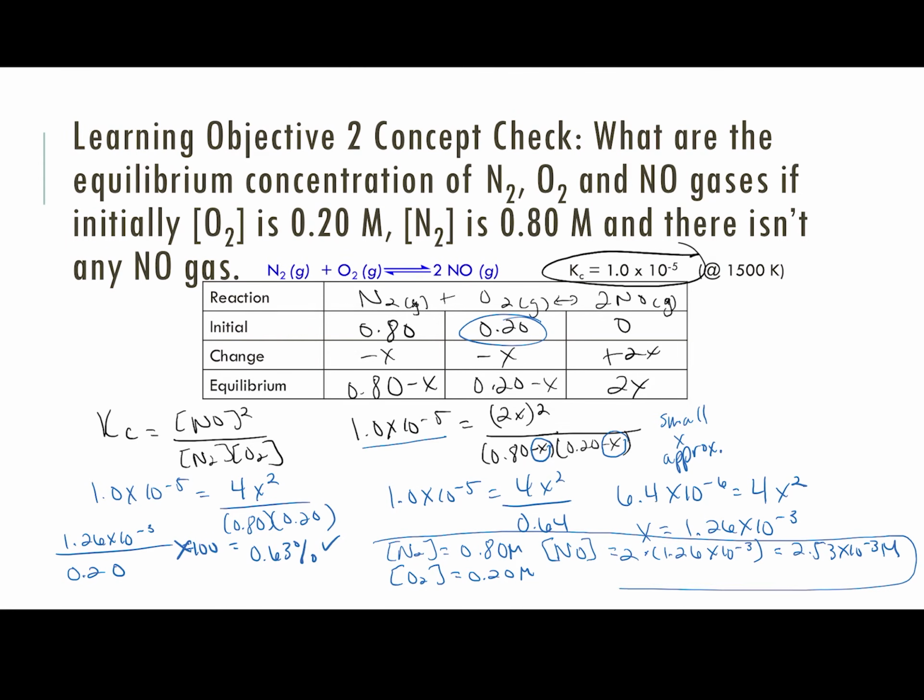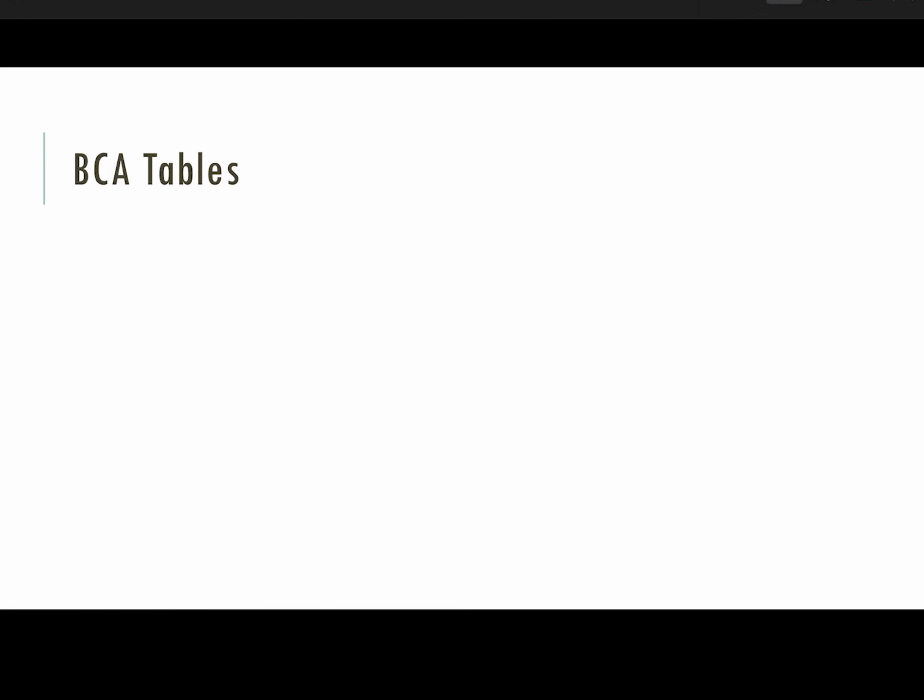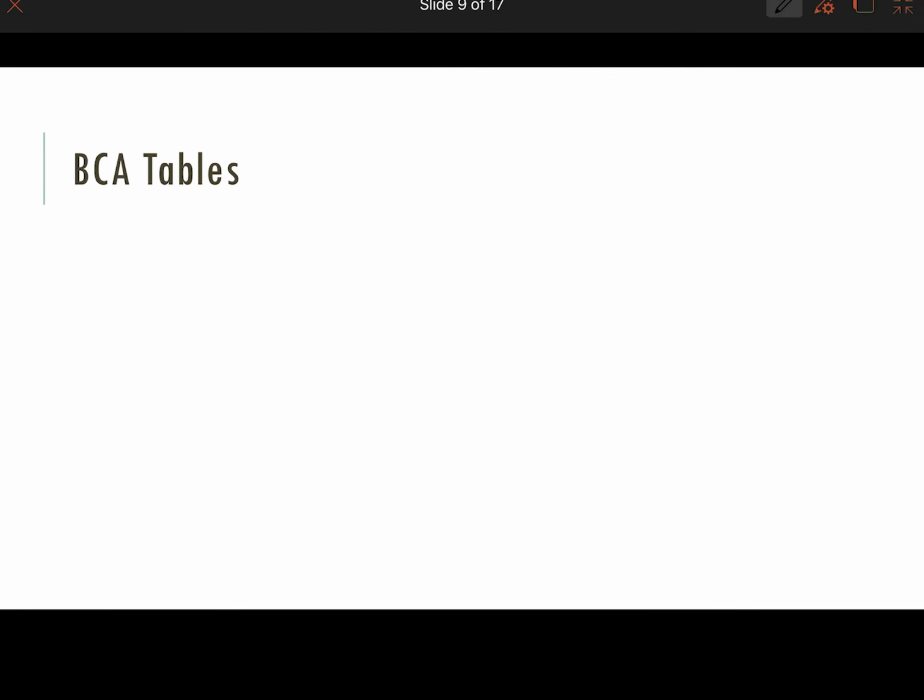Okay. Let's just real quick go over BCA tables. So our BCA tables are going to be tables that are used like a rice table, but they're for stoichiometry. So we need a one-way arrow, or one-way reaction, no equilibriums.